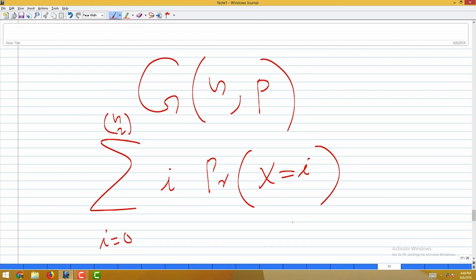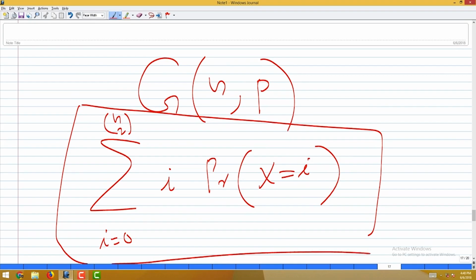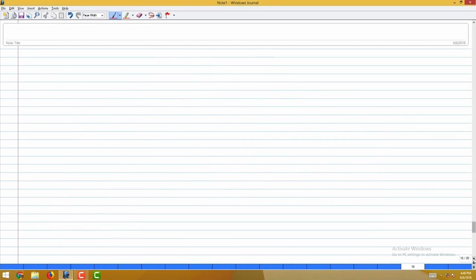That means the probability that the selected graph has exactly i edges, and then sum by the i. This seems to be a little tough, this formula from the basic definition of the expectation. So what I am going to tell now is how to deal with this in a much easier way using the so-called linearity of expectation.